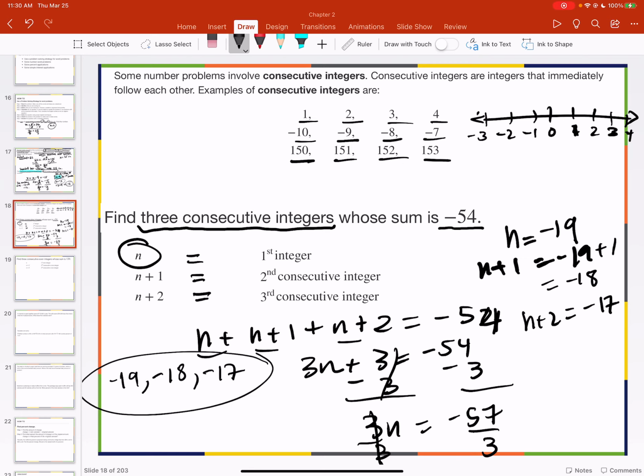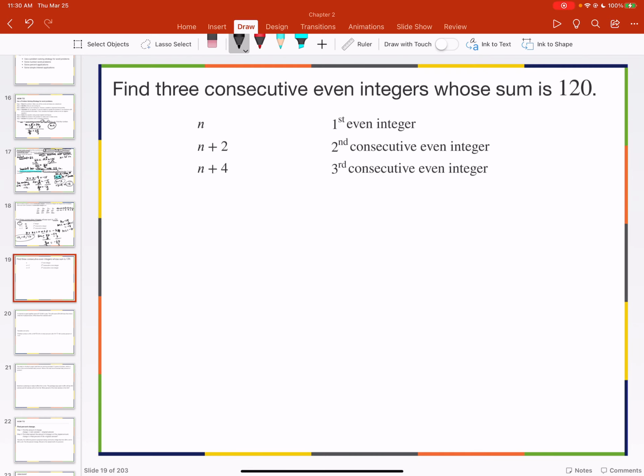Now, let's talk about even or odd integers. So if you have consecutive even or odd, notice the following pattern. Let's say here I have 1, 2, 3, 4, 5, and 6. So here's the first odd. Notice the next consecutive odd, and then the next consecutive odd. Or let's say we were talking about evens. Here's the first even one.